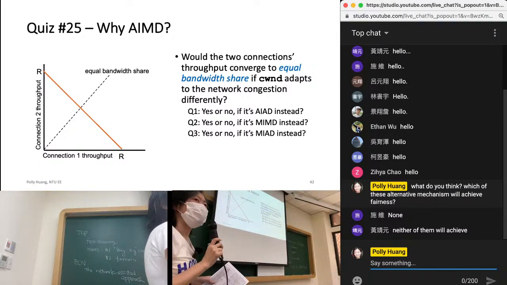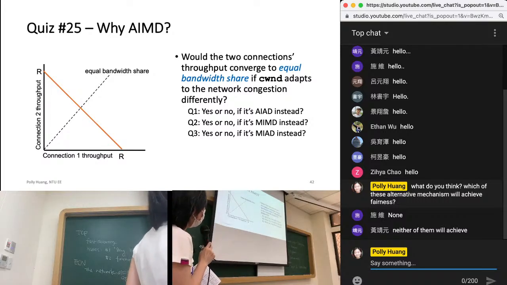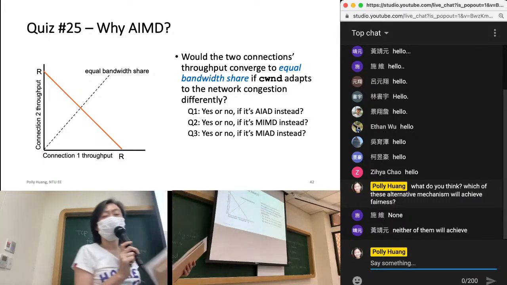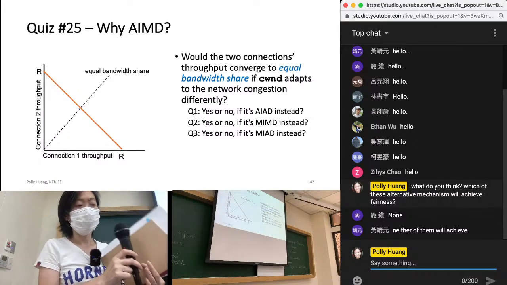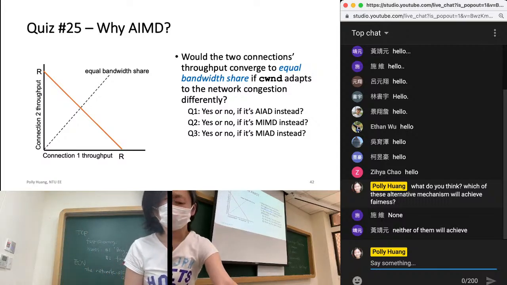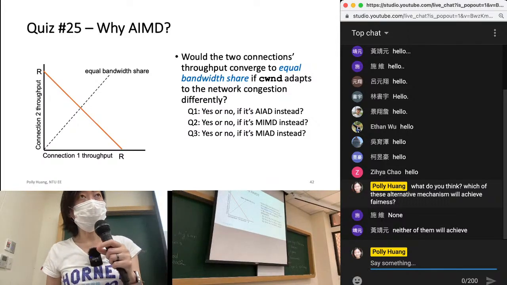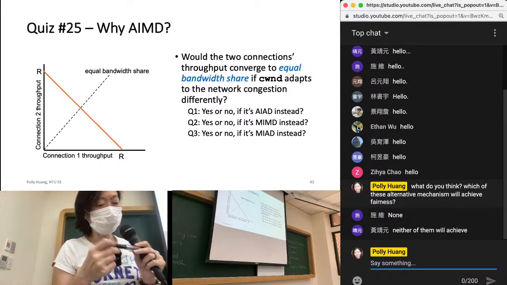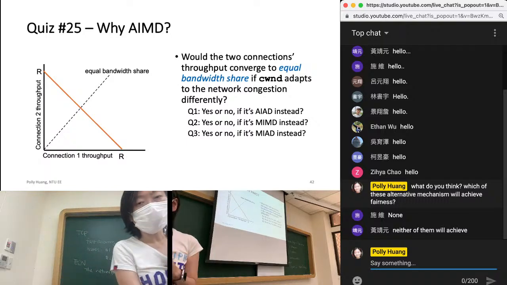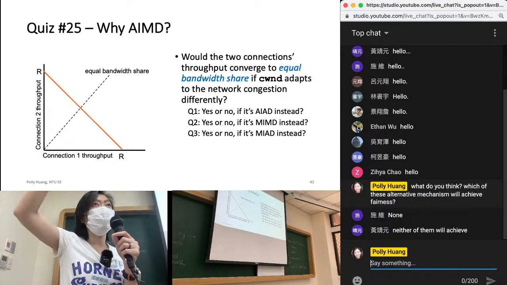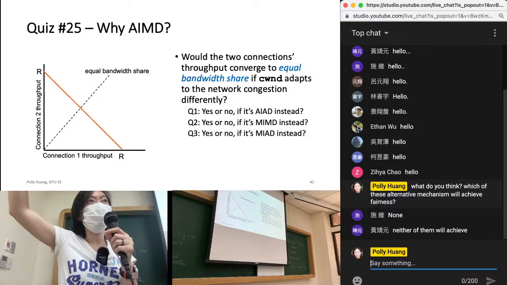If we do MI, multiplicative increase, what's going to happen? What would the curve be like? If we do AI, it's a linear slope 1 over time.